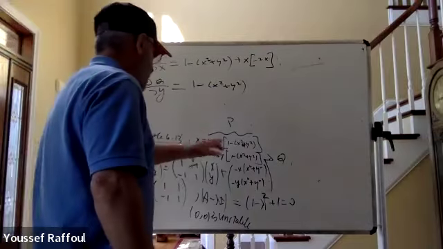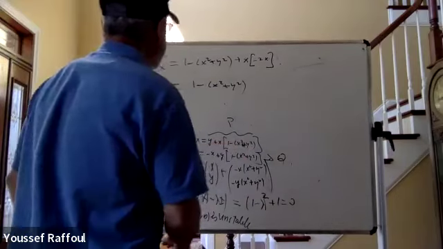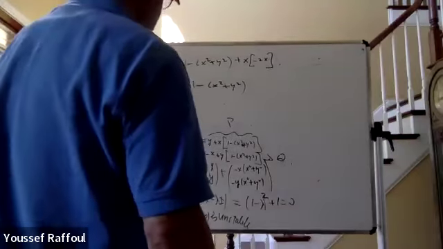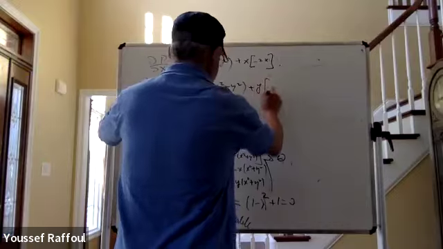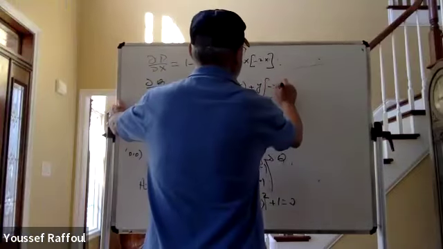So the derivative of that with respect to x is minus 2x. And then this is 1 minus x squared plus y squared plus y times minus 2y.